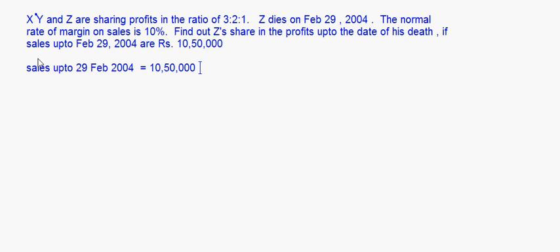And the normal rate of margin on sales is given as 10%. So profit on sales, you can directly find out, that is, this is only for that period. They haven't given for the whole year because the rate of margin is already given, right? So 10,50,000 into 10 divided by 100, that comes to 1,05,000. This is the profit.